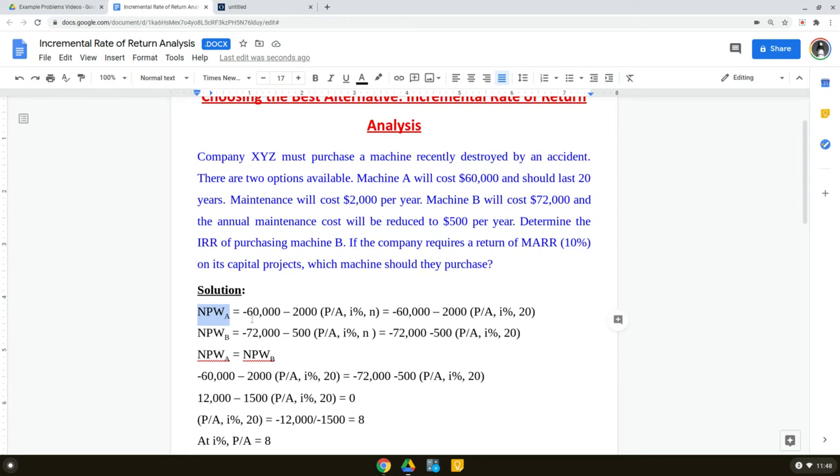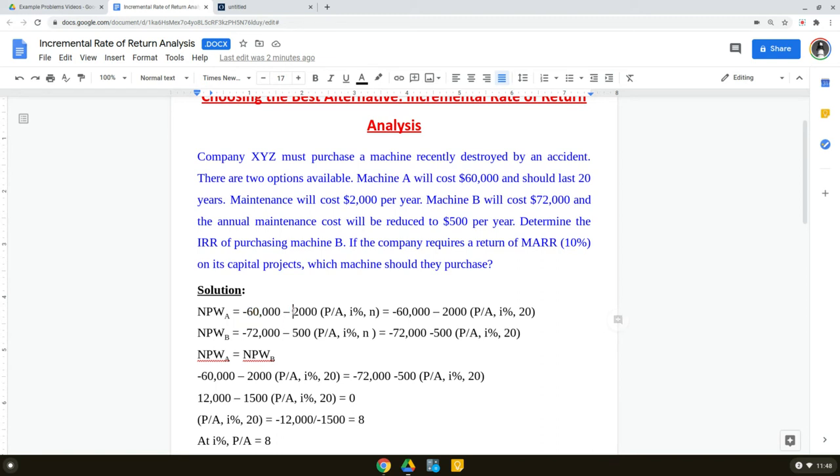So let's talk about machine A. The initial cost is $60,000. It is a minus cost, and since it is already in its present value, meaning current value, this is going to be spent upfront. So that is going to be added as it is, minus $60,000.